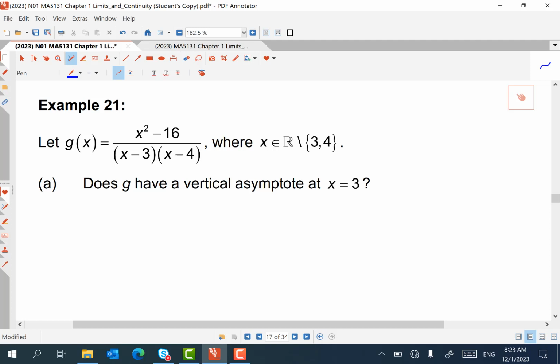Okay, the next question. Does G have a vertical asymptote at x equals 3? To answer this question, you basically ask yourself, what is the limit when x goes towards 3?